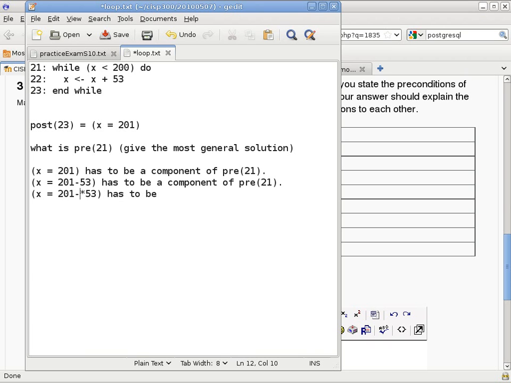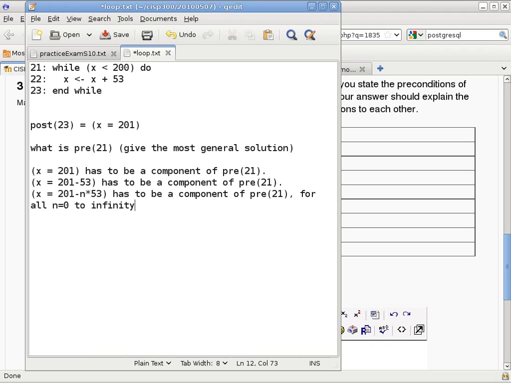If x equals 201 minus 53, it is 148. So if x equals 148, then it will get into the loop, execute x gets x plus 53 exactly once, go back to the condition, and then exit right away.